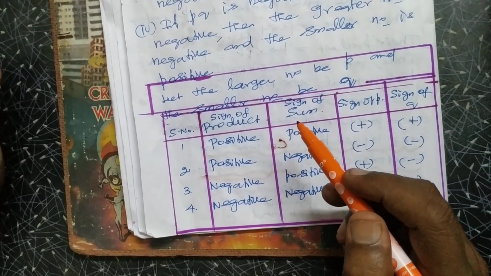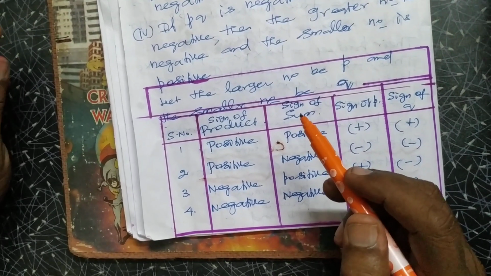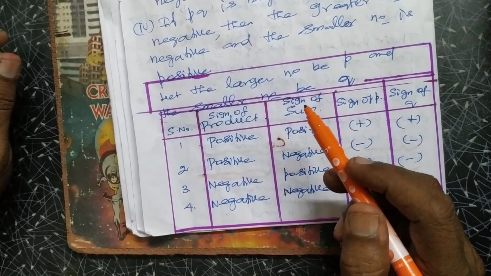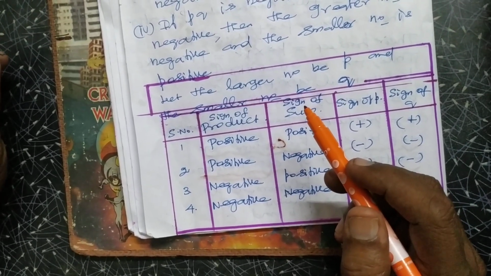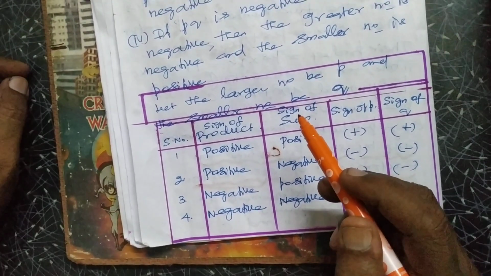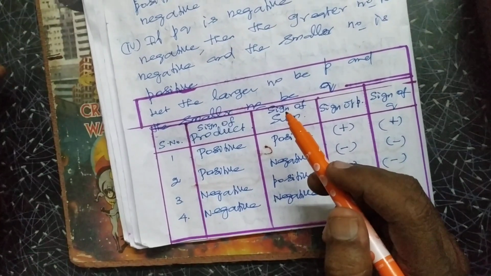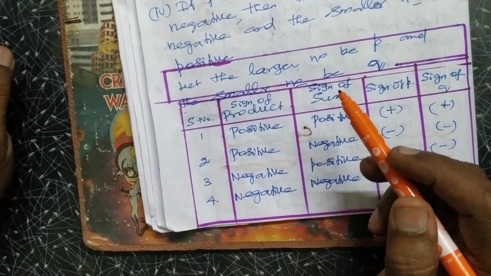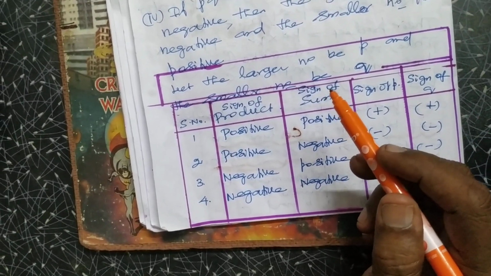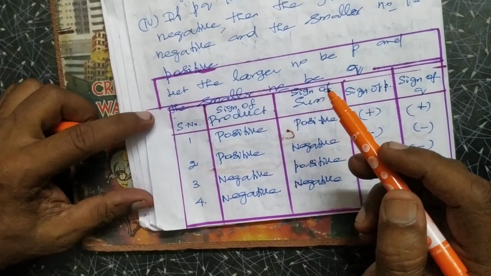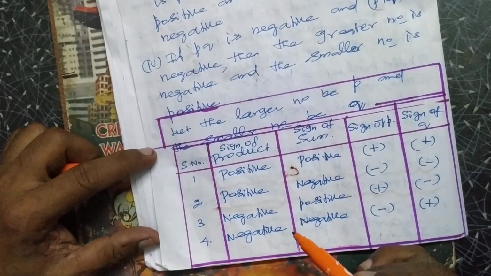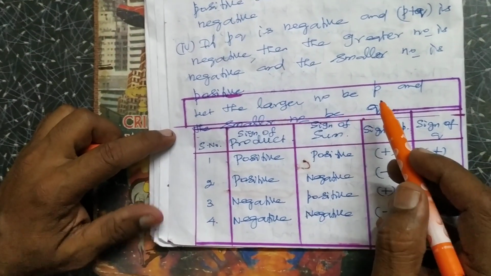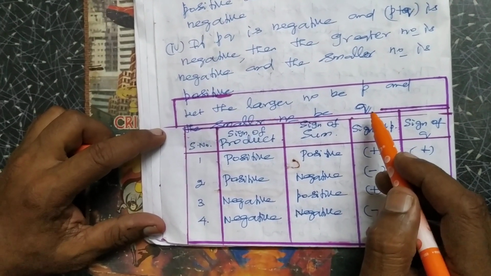If the product is positive, both numbers can also be negative. If the product is negative, one number will be positive, the other number will be negative. All the 4 rules I have summarized in the tabular column. Let the larger number be p and the smaller number be q.